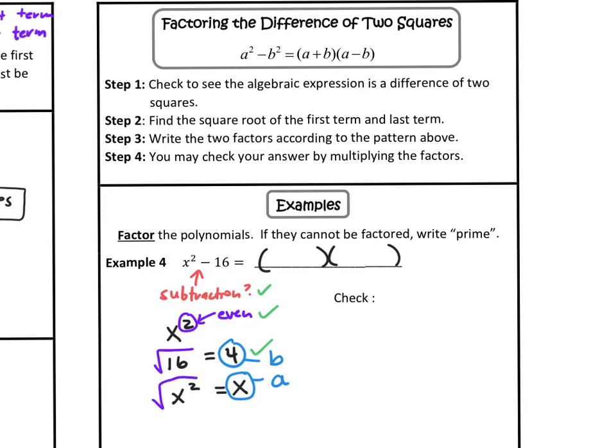And so we're going to do a plus b. But what is a? A is x, and b is 4. So we're going to do x plus 4 in the first parentheses, right? A plus b. And then in the second parentheses, we're going to do a minus b. So it's going to be x minus 4.